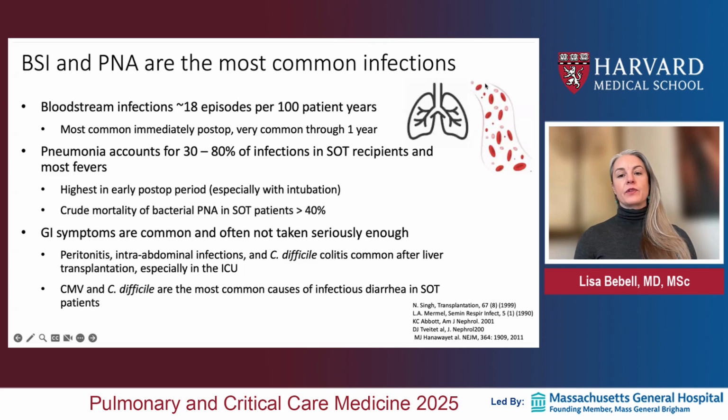It's very high in the postoperative period, especially after intubation, and the crude mortality is still very high, greater than 40%. It's also a good reminder that GI symptoms are very common and are often not taken seriously enough, so I don't want you to miss those. Peritonitis, intra-abdominal infections and C. difficile colitis are especially common after liver transplant in the ICU, and those symptoms should be taken seriously.